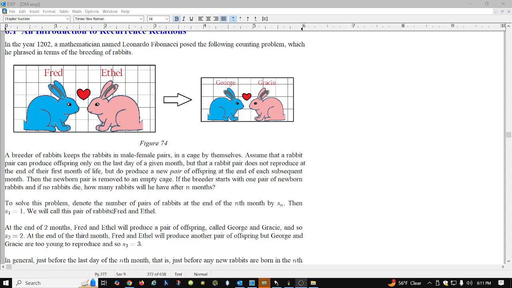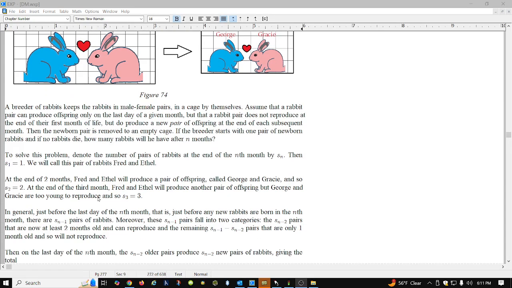Well, to solve this problem, let's denote the number of pairs of rabbits at the end of the nth month by S sub n. So S sub 1 equals 1. And I'm going to call this pair of rabbits Fred and Ethel. If you're old enough, you may recognize those names.